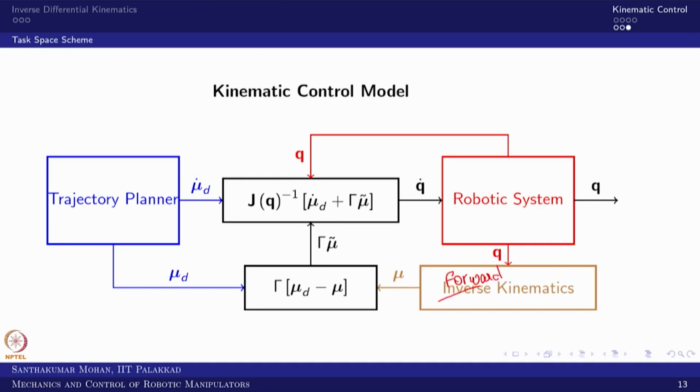One addition is that you need this Q, because J of Q is required. Some people use the inverse kinematics from here and then the desired values, but I prefer this as a feedback, so it is better to use Q. That is the whole idea.